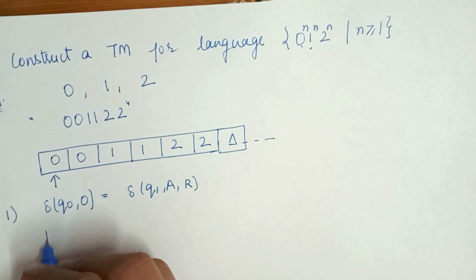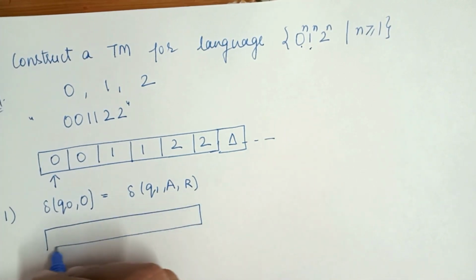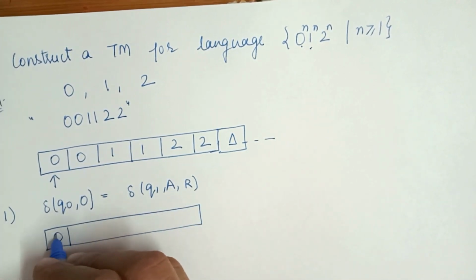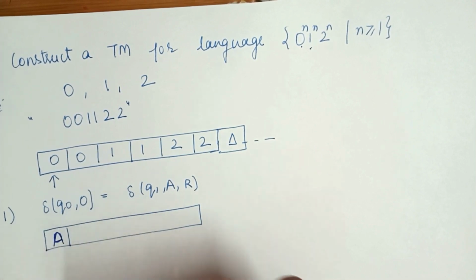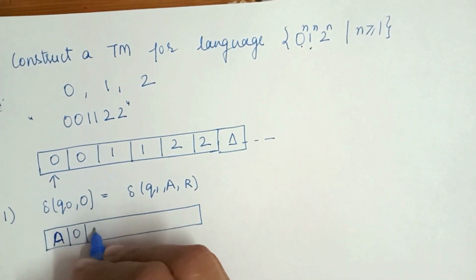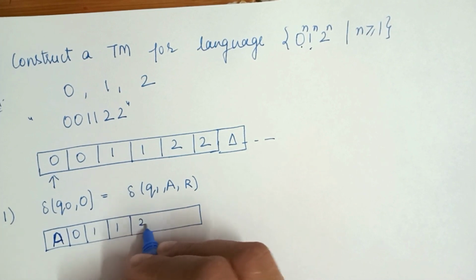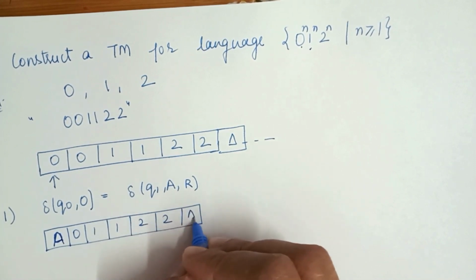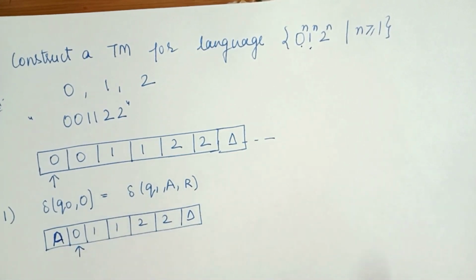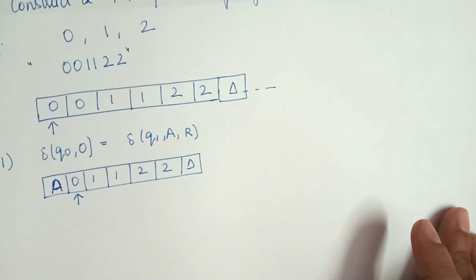Now the input tape is A, 0, 1, 1, 2, 2 and delta, and the tape head is pointing to the second 0.